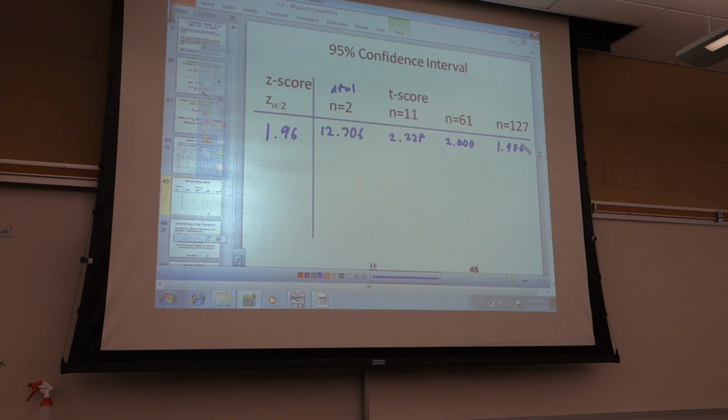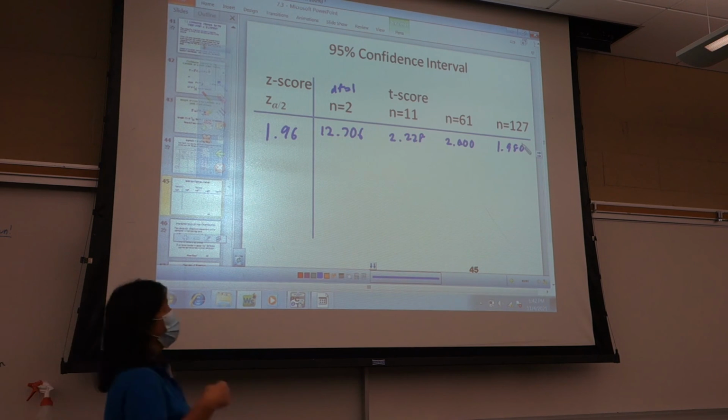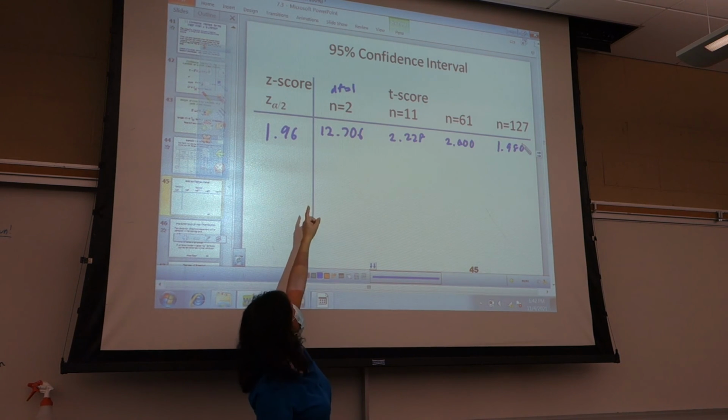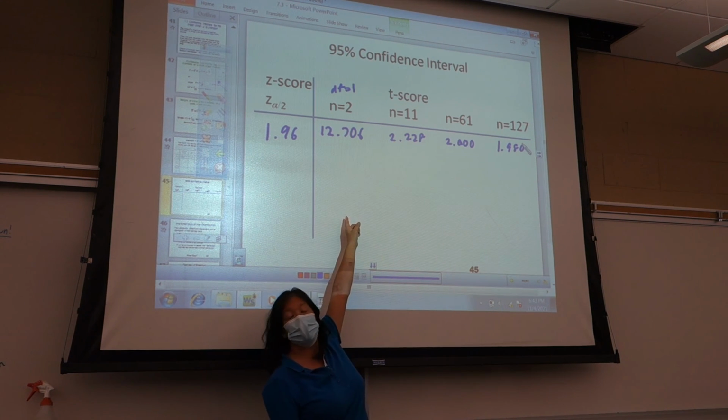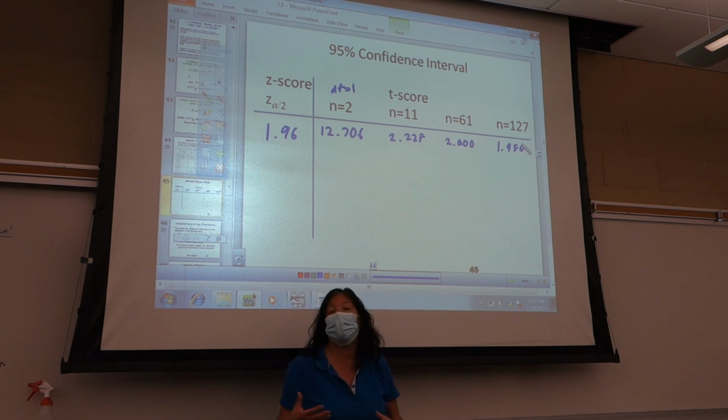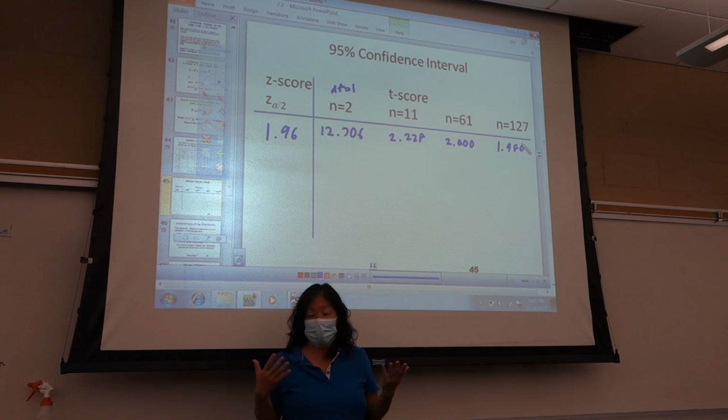All right, everybody look up. A couple of things I want you to notice. Look at my z-score, 1.96. When n is really small, the t-score is way far away from 1.96, because when my n is really small, my s is likely to be super far off.